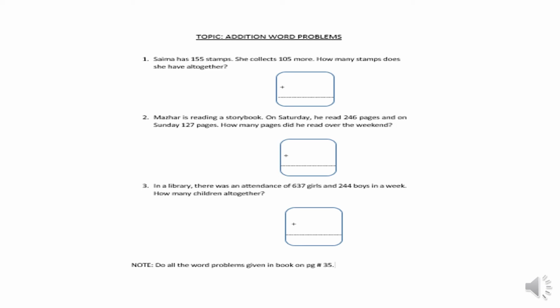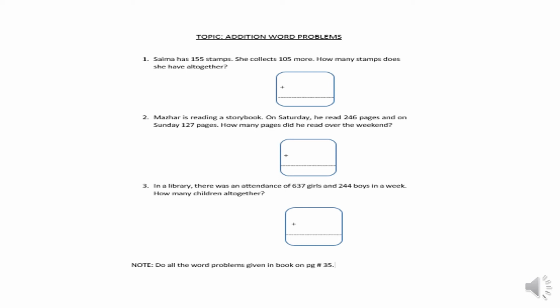So you will write 3 in ones and carry 1 to the tens. In tens you already have 4 and 2, and when you add this 1 with them, you get 7. In hundreds you have 2 and 1, and you add 2 and 1, you get 3. So the answer will be 3 hundreds, 7 tens and 3 ones.